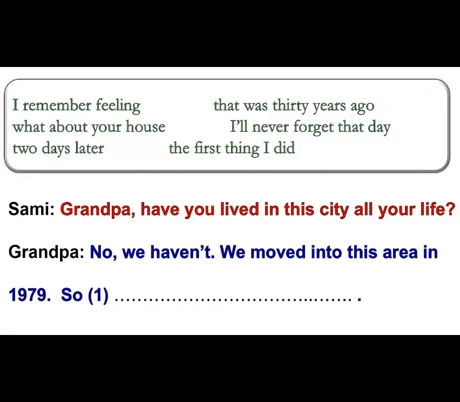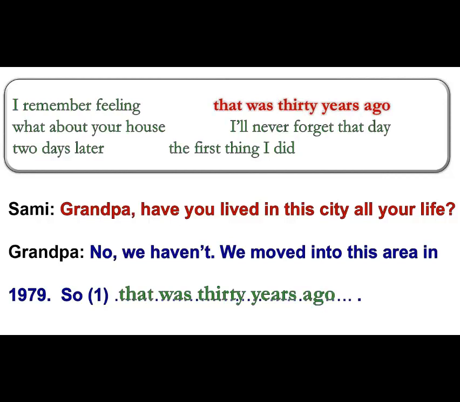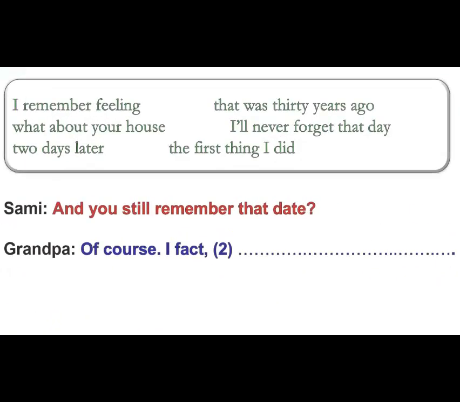Sammy: Grandpa, have you lived in this city all your life? Grandpa: No, we haven't. We moved into this area in 1979. So, yes, that was 30 years ago. Sammy: And you still remember that date? Grandpa: Of course.